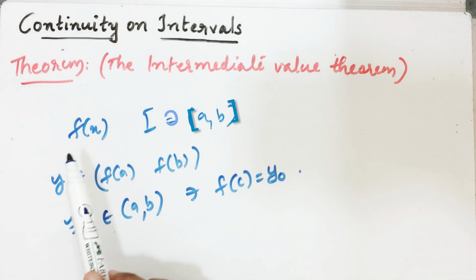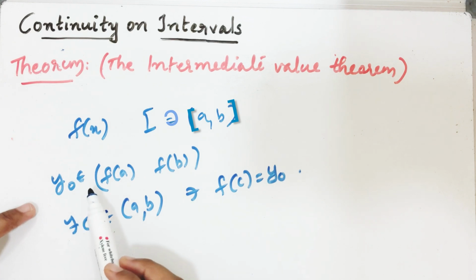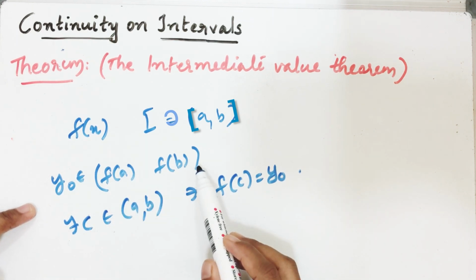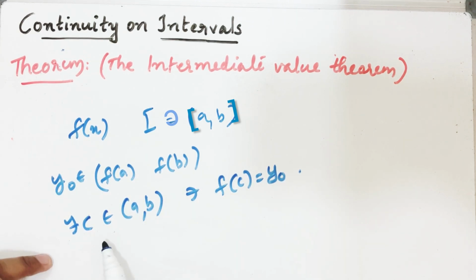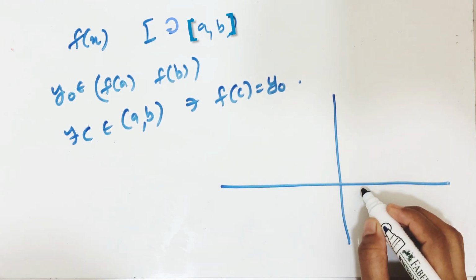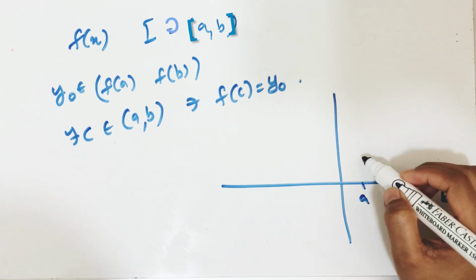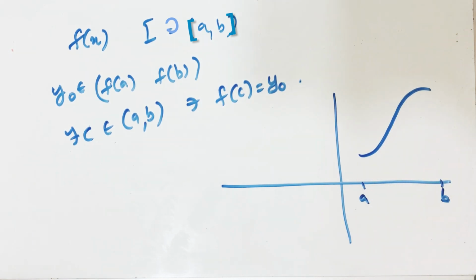That is, if f of x is continuous on the interval [a, b], and if y0 is a point in between f of a and f of b, there exists a c between a and b such that f of c is equal to y0. We can see a function like this.